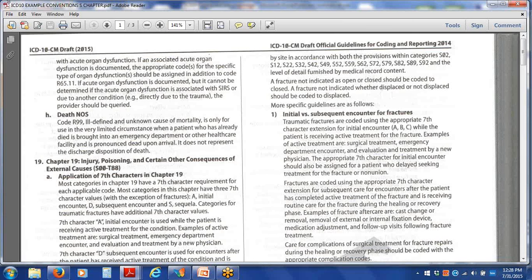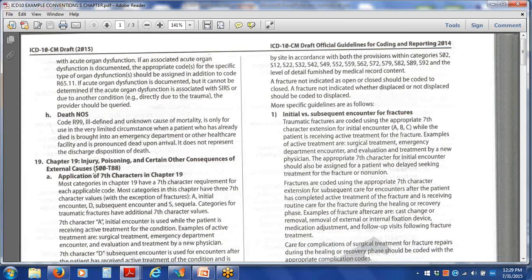For example, this is the ICD-10 official guidelines for coding and reporting, and it goes by chapter. Chapter 19 is injury, poisoning, and certain other consequences of external causes.